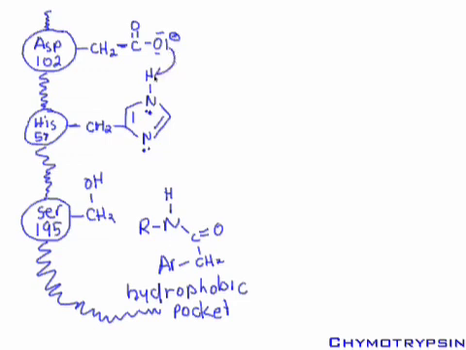Two electrons grab this proton. In fact, let's change the colors because it'll be easier to track if I use black to show the electron movement. The two electrons grab the H. We get this forming a new pi bond. These pi electrons go for the H on the oxygen.